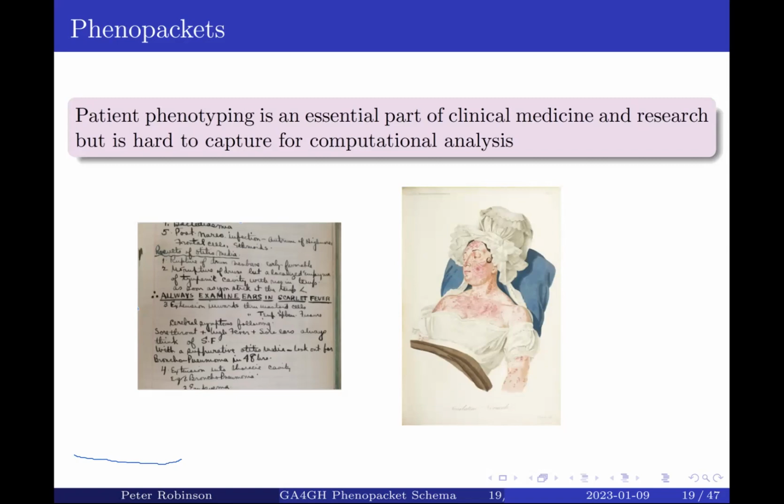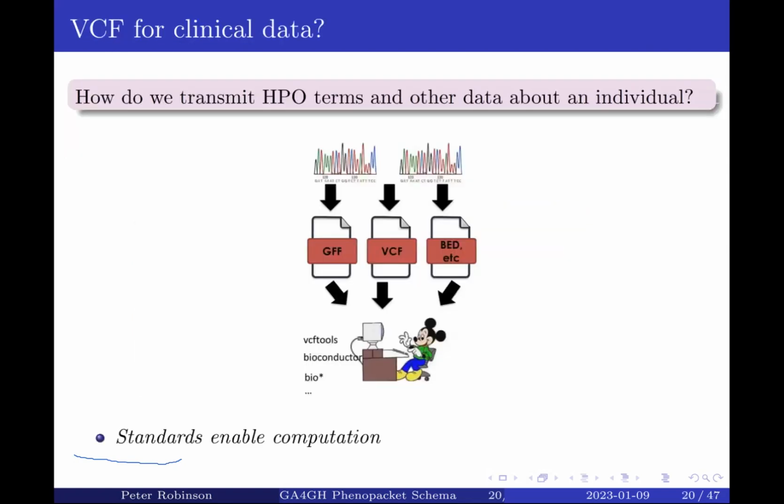But patient phenotyping is something which, in many ways, is still sort of 19th century technology. This is how I learned to phenotype. You just write things down. And I told you about our experiences in 2010 without software that used things like VCF. But standards enable computation.